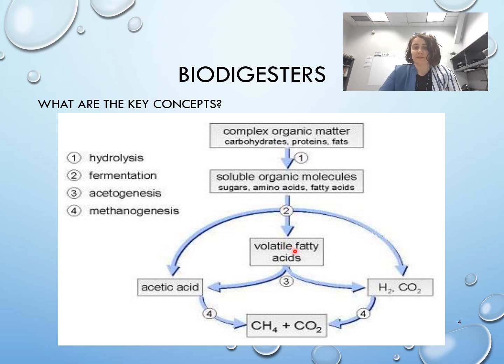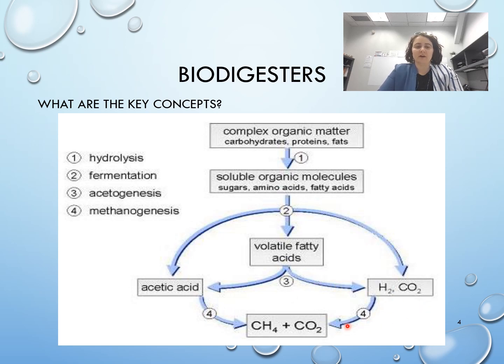Then we have what's called fermentation. And fermentation is going to take those soluble organic materials and it's going to break them down into multiple different components. So we can break them down into what we call volatile fatty acids. We can break them down into acetic acid or hydrogen gas and carbon dioxide. So there's many different fermentation pathways. From there, when we have our volatile fatty acids, we can go through what we call acetogenesis, which is basically turning things into acetic acid and H2 and CO2.